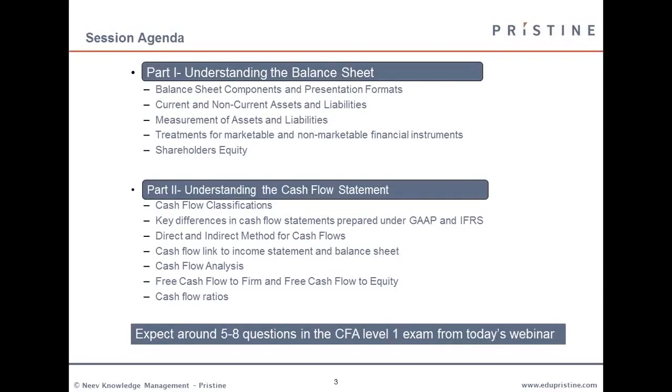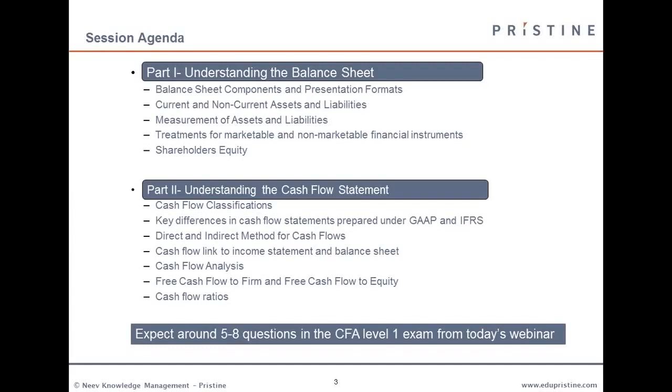So yeah, let's start with the session. Here's the session agenda. First, we'll discuss the balance sheet. We'll try to understand it. We'll look at the components of balance sheet, the presentation formats, measurement of the components, and how the specific assets and liabilities are treated.